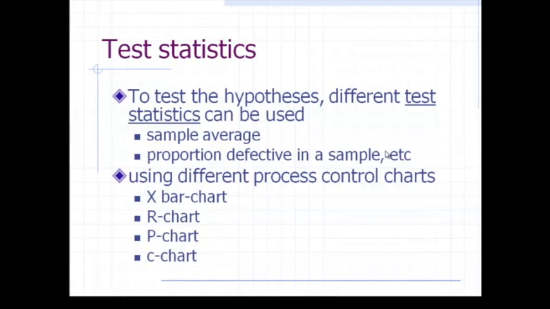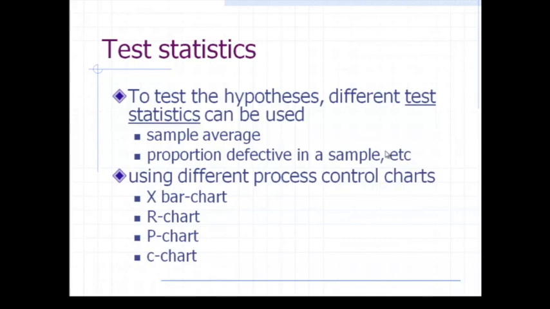So for each case, there are different numbers you can use to test the hypothesis, and that is called the test statistic. To test the hypothesis, different test statistics can be used, and when you use these different test statistics, you can draw different process control charts as well.